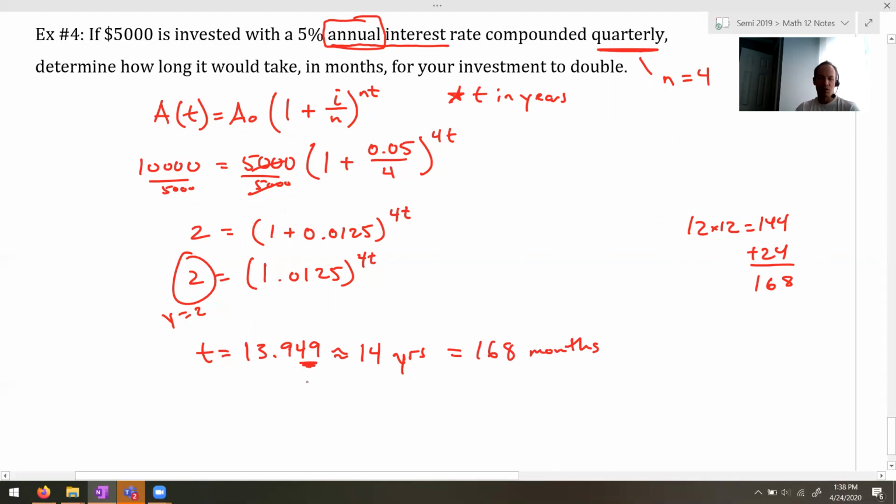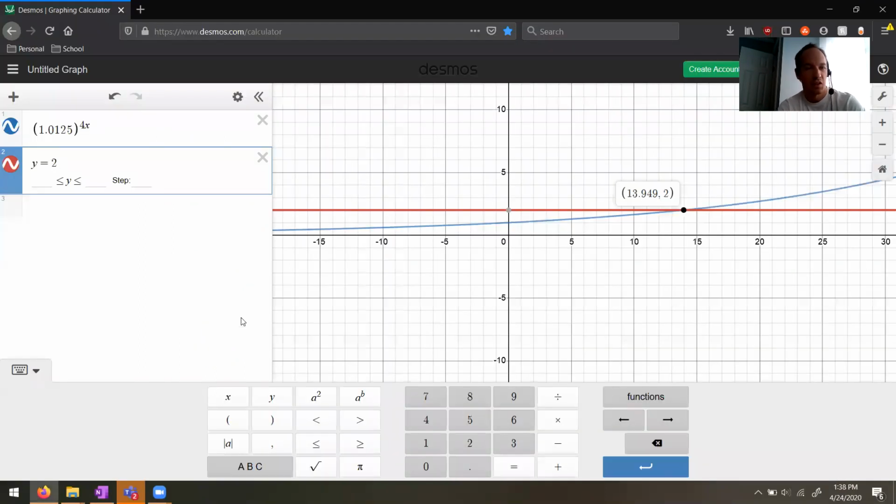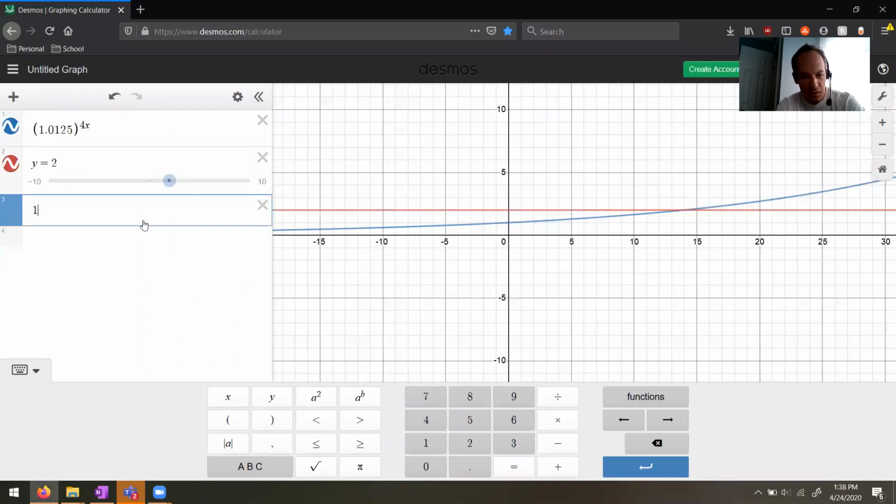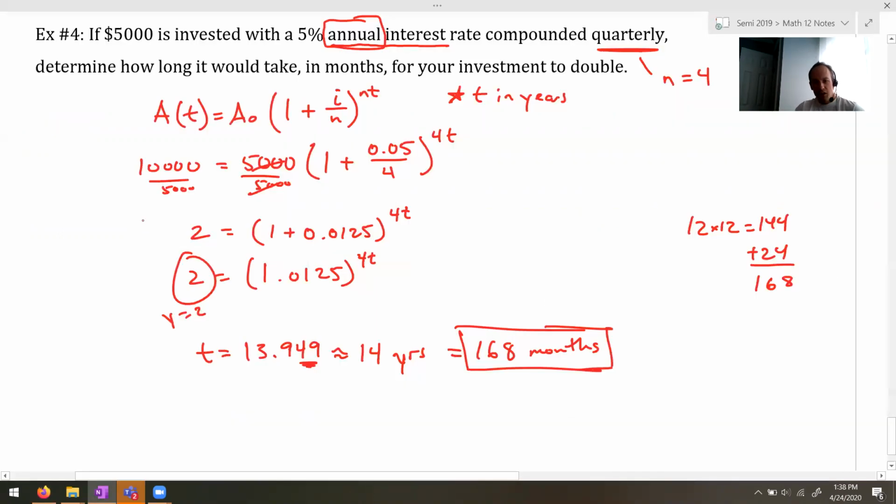There's a little fraction of a year missing, so maybe it's a little less. Maybe it's 167. That's not super important or super interesting here, but we can see it's going to take about that many months. If we're really upset about this, we can go 13.949 times 12, and I guess we would have got 167. Okay, close enough. So you know what we're going to do? We're just going to go approximately.